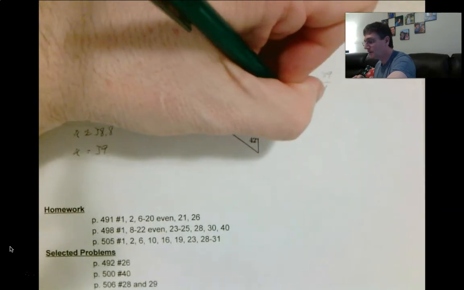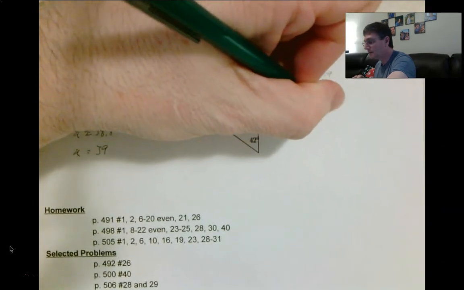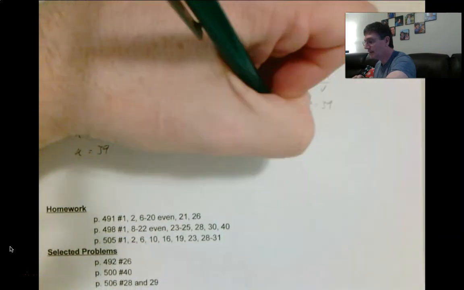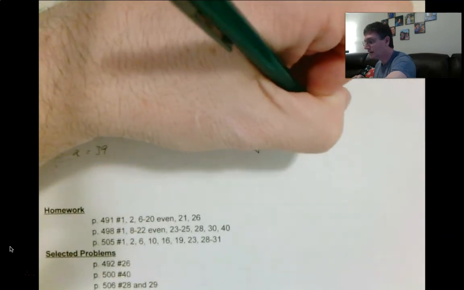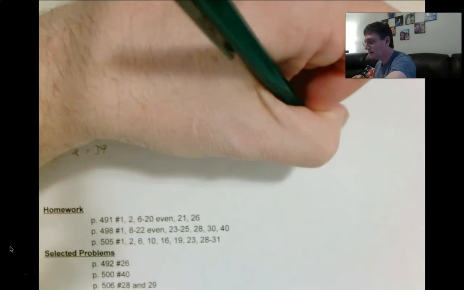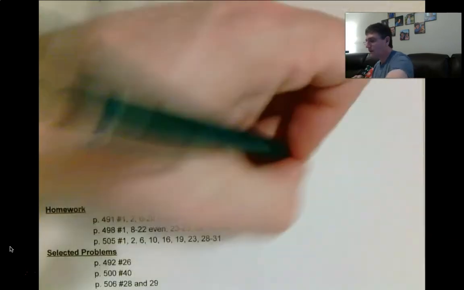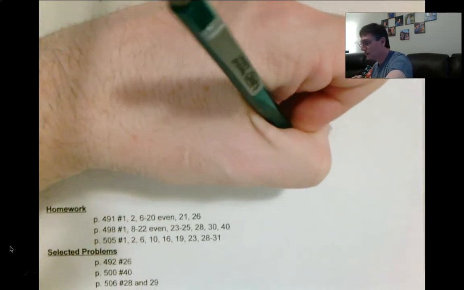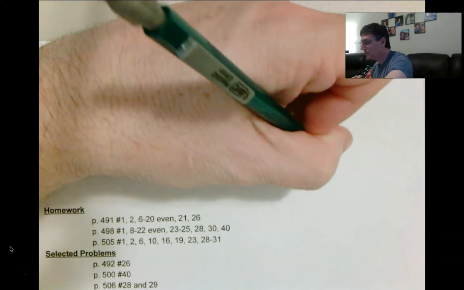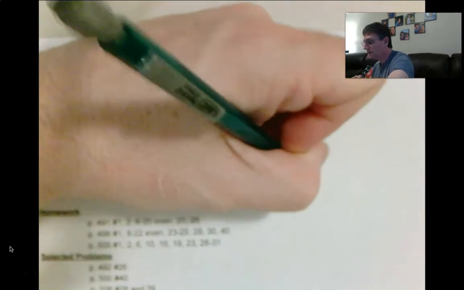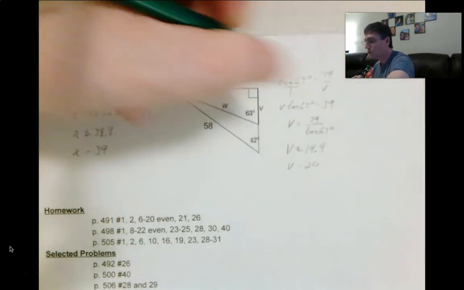V tangent 63 degrees equals 39. V equals 39 over tangent 63 degrees. V is approximately equal to 19.9. V equals 20.